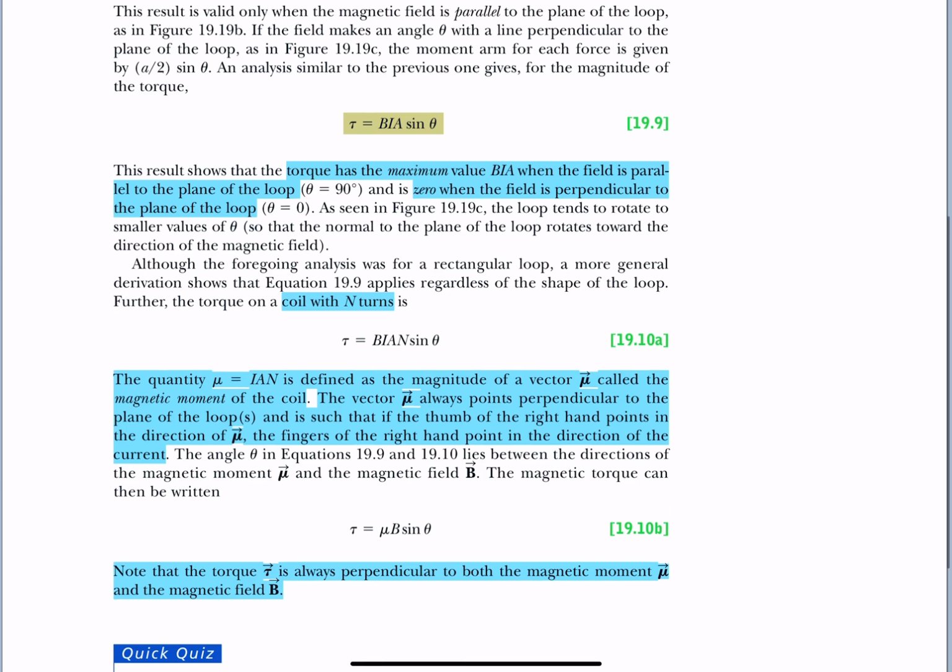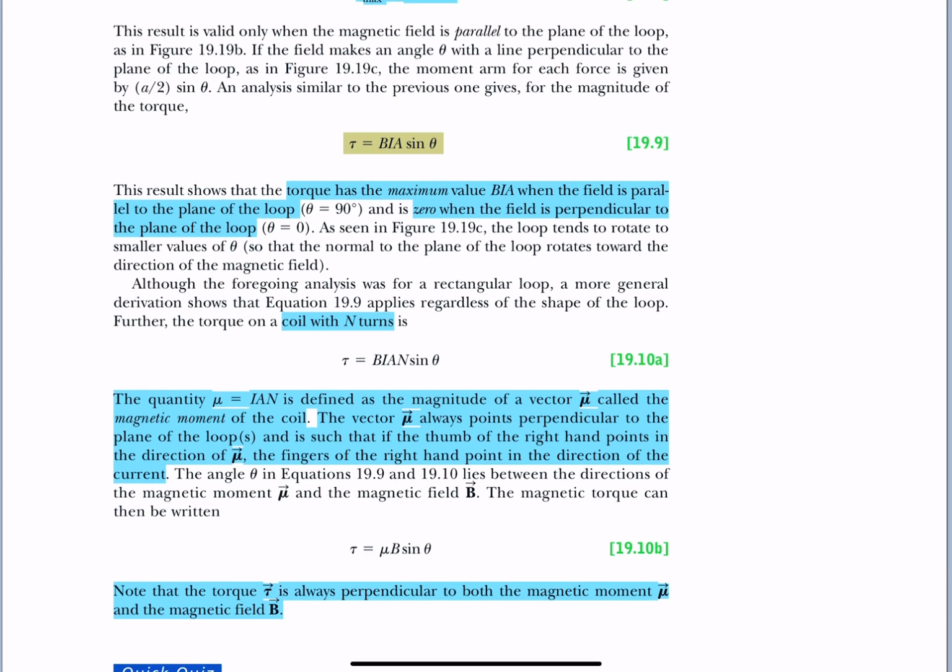We make a minor adjustment to this when we come to equation 19.10a and b, and that is, it's very unlikely that the number of turns of wire of your solenoid or coil or loops changes, and the size of your solenoid or loop also doesn't change.